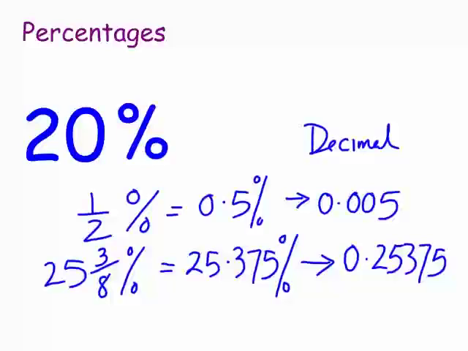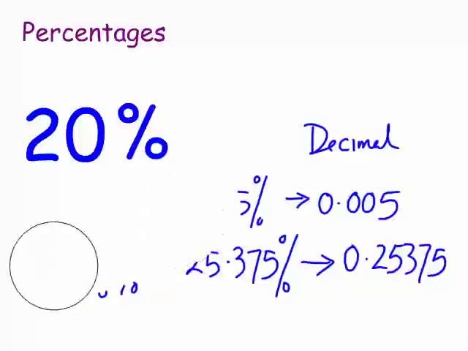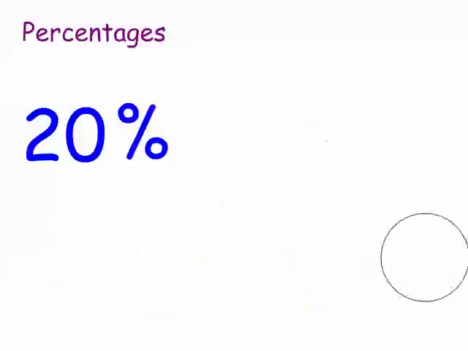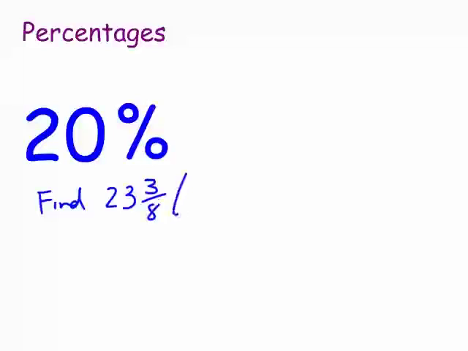Sometimes these are now getting more complicated. If I wanted to find 25 and 3/8% of $160, let's actually pose that as a problem. So what do we want to do? We want to find 25 and 3/8% of $160.